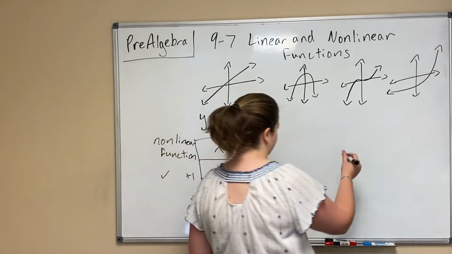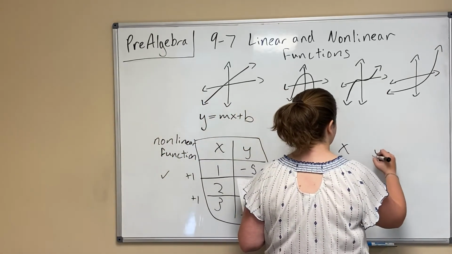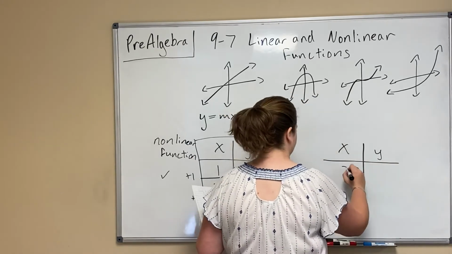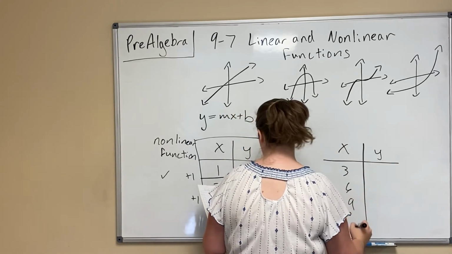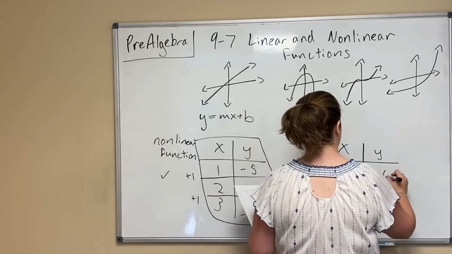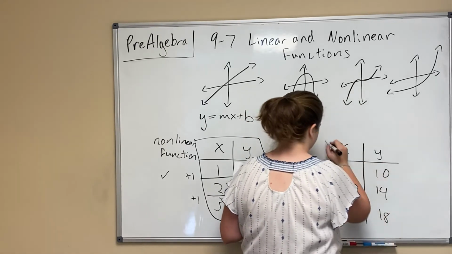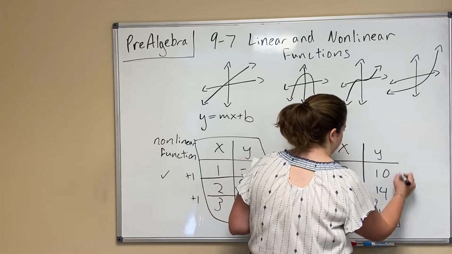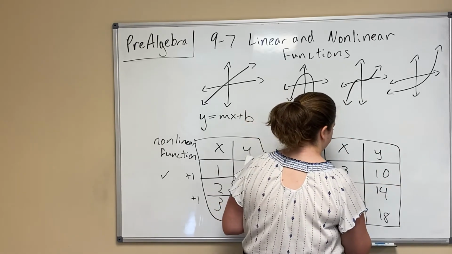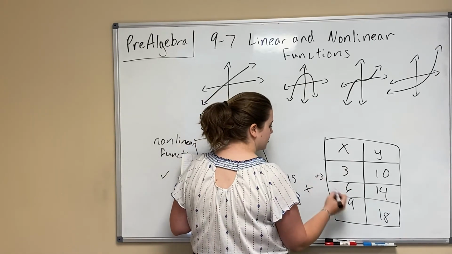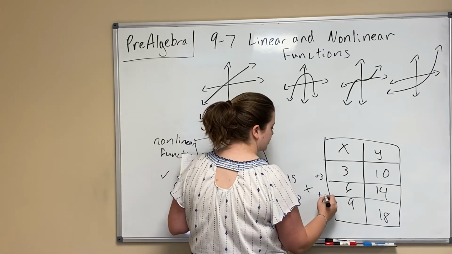Now if I had a table that looked like this, x and y, and my x's were like 3, 6, 9, and my y's were like 10, 14, 18. Now from 3 to 6, I have plus 3. From 6 to 9, I have plus 3.